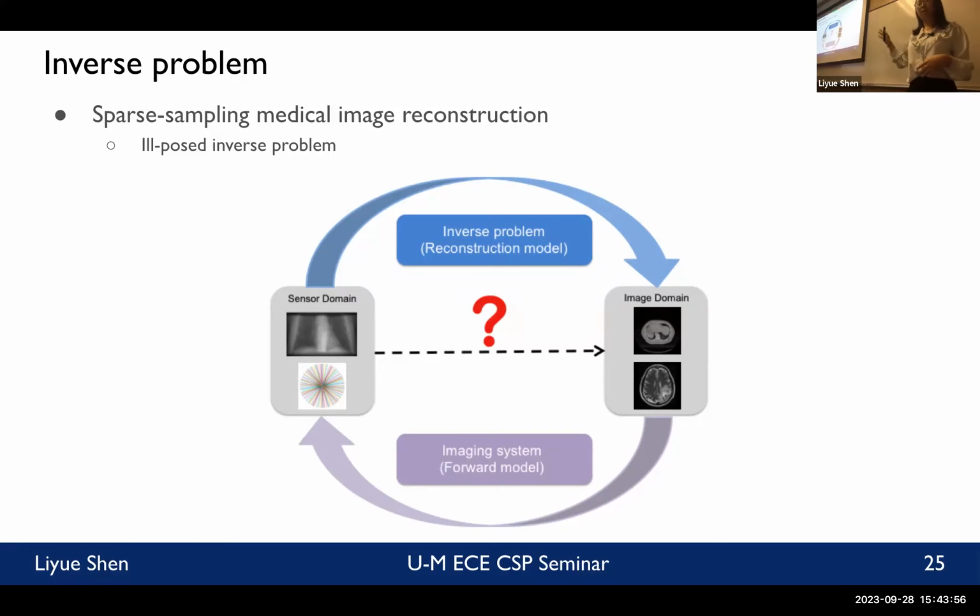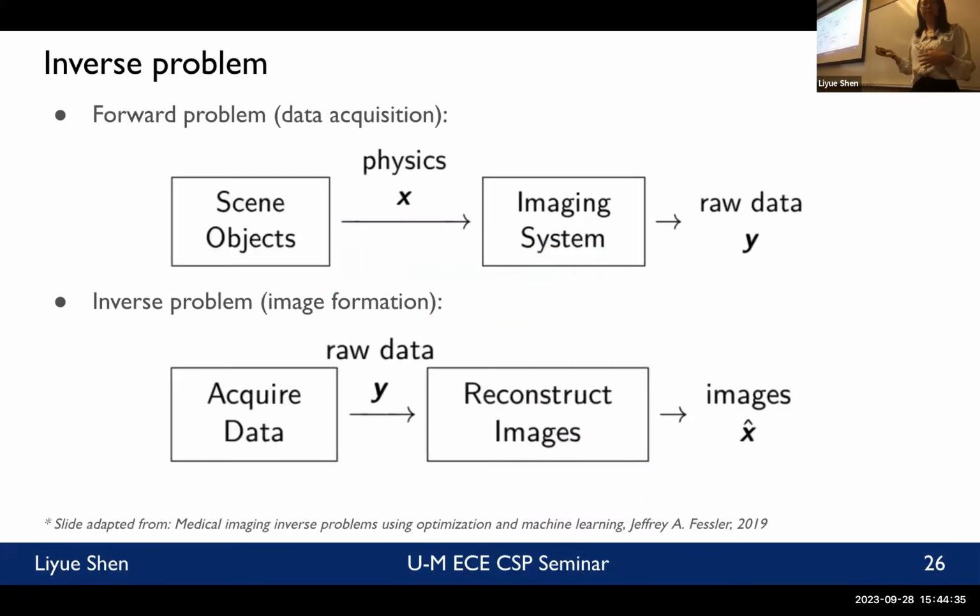And in order to recover the internal structures of the human body, we need to reconstruct the image from the measurements in the sensor space. This process is called sparse sampling medical image reconstruction, which can be formulated as an inverse problem: reconstructing the information in the image space from the sensor domain. And with sparse sampling for medical image reconstruction, this inverse problem also becomes ill-posed. That's the reason why we want to develop different advanced algorithms to deal with these ill-posed inverse problems.